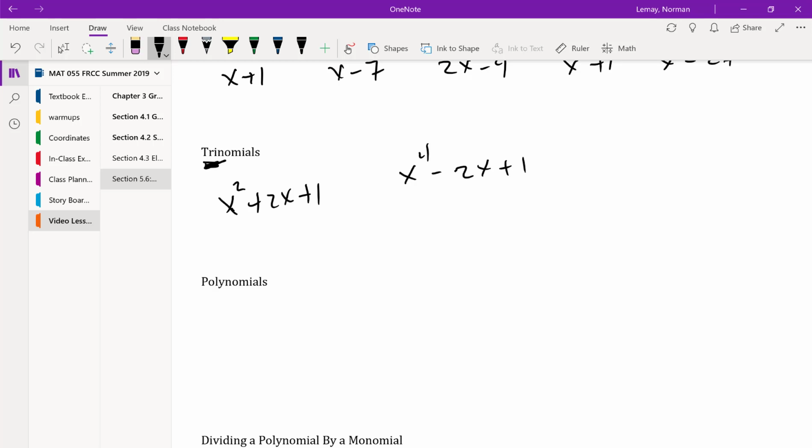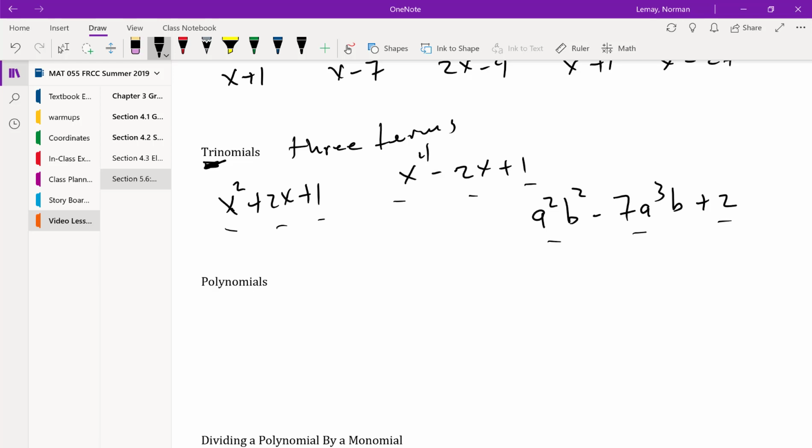Can we see something like a squared b squared minus 7 a cubed b plus 2? Again, can you see trinomial, 3 terms? All right, so notice that we have 3 all separated by pluses and minuses.